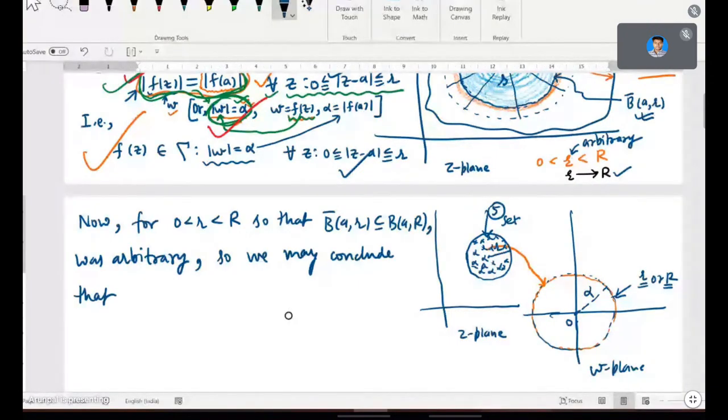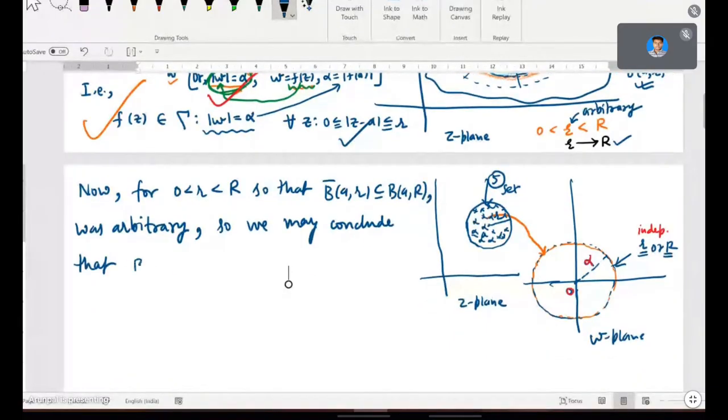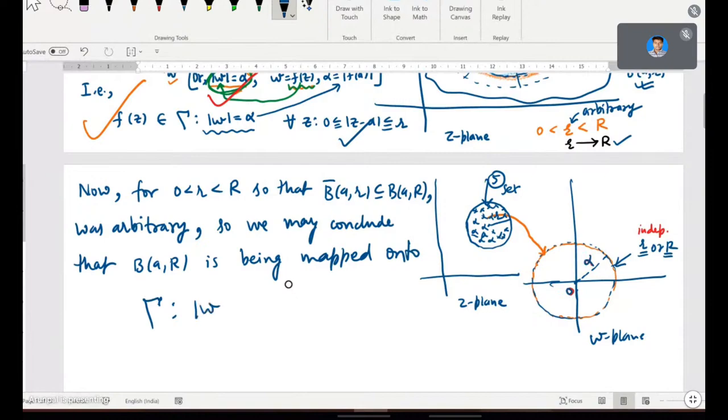Yes, sir. This ball is independent of small r or capital R. This ball depends only on 0 and alpha. Alpha is fixed, that is nothing to do with small r or capital R. So we may conclude that this whole ball is being mapped onto the circle, this, in the w plane.